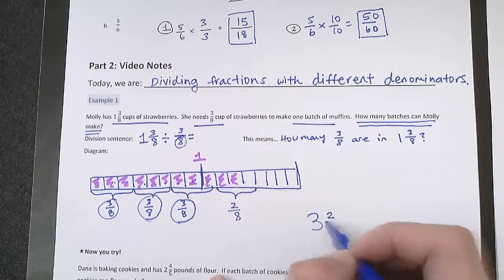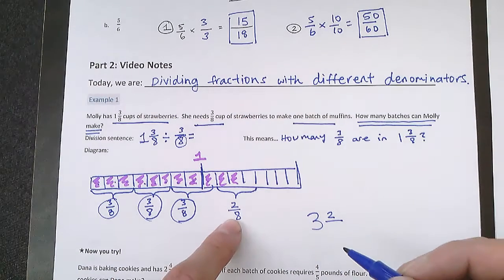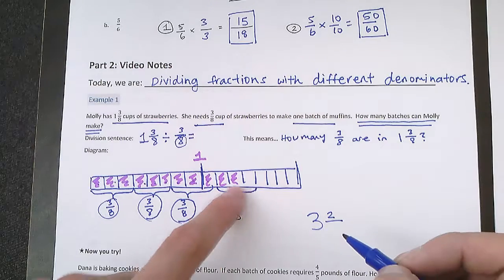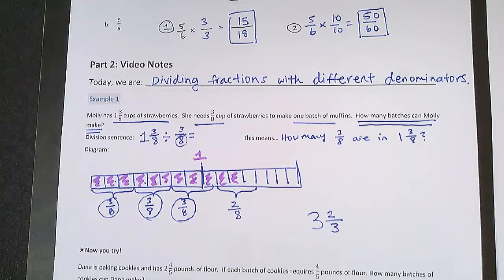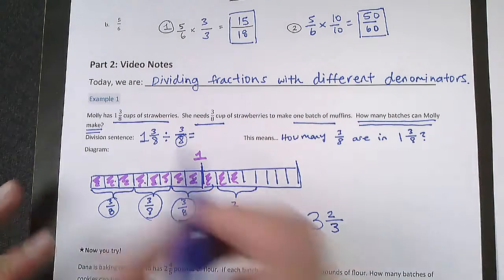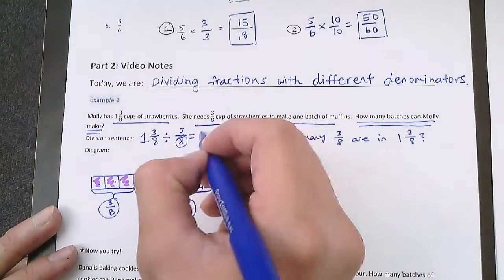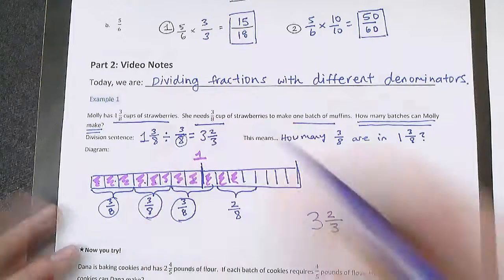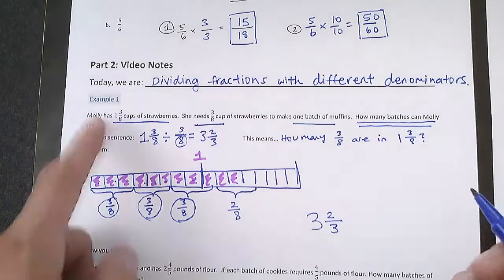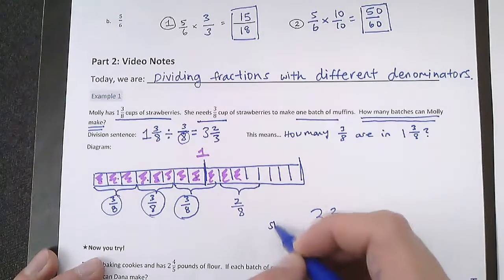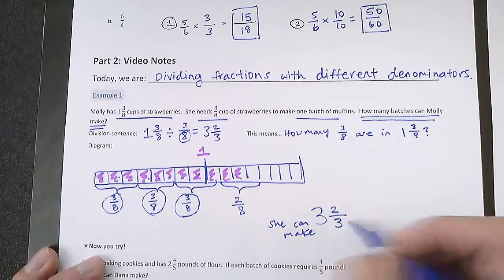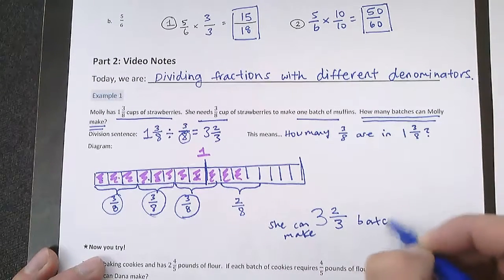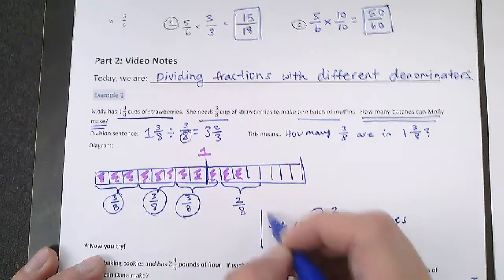So it's not out of 8, it's out of how many you would need. I would need 3, so it's 2 out of 3. So 1 3/8 divided by 3/8 equals 3 2/3. Let's go back to our question: how many batches can Molly make? Well, she can make 3 2/3 batches.